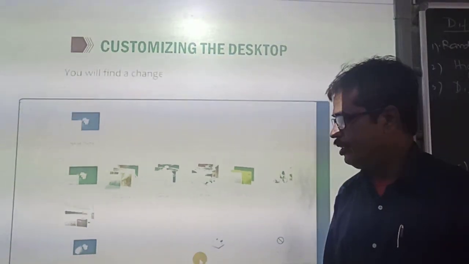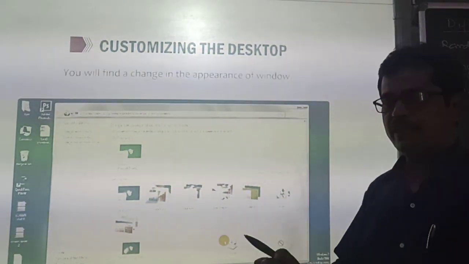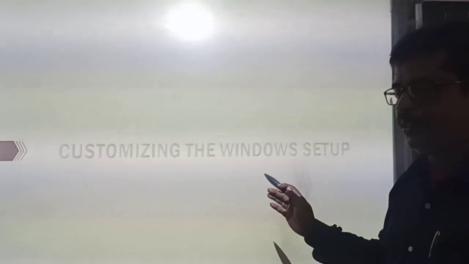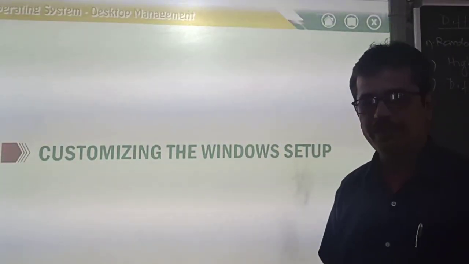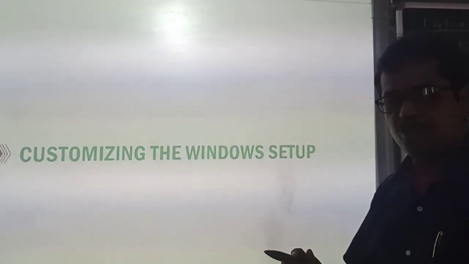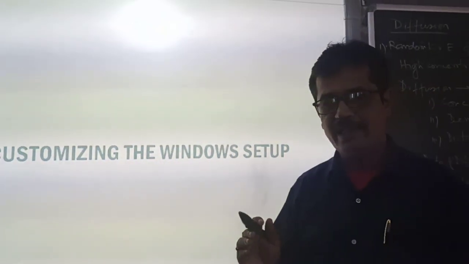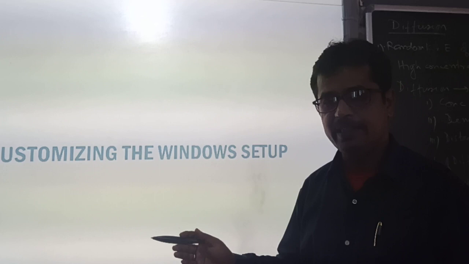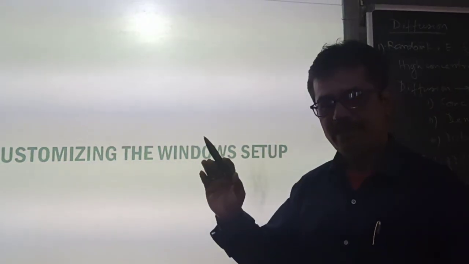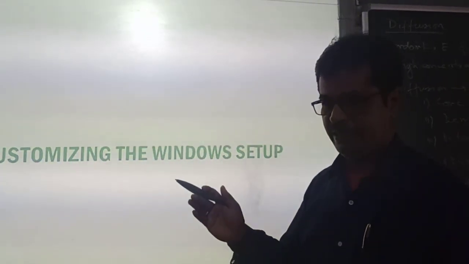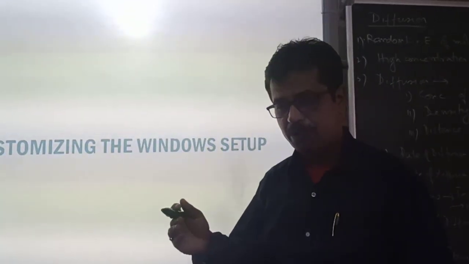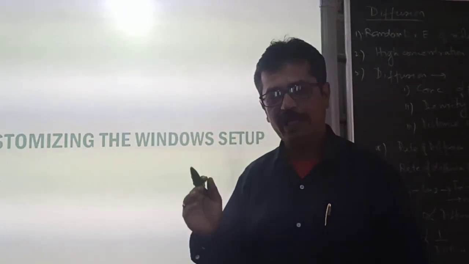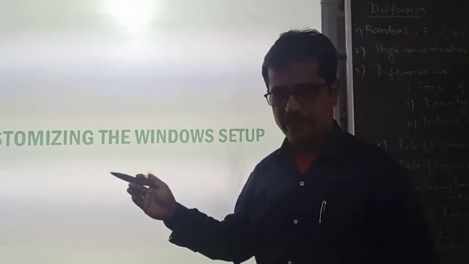The date and time is shown in the extreme right corner of the taskbar, which is known as the notification area. I hope you have noticed that the date and time is shown in the notification area of the taskbar at the right side. If you want to change the date or time, you have to first click on the date and time shown over there.